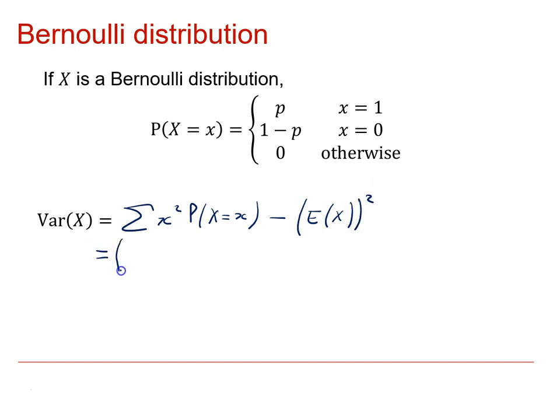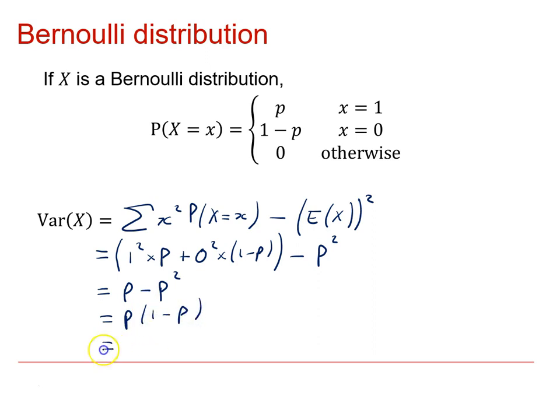So that first part is going to be 1 squared times p plus 0 squared times 1 minus p, minus, we already established that the expected value of x is p, so that will be minus p squared. So we're going to have 1 squared times p is p, 0 squared times anything is 0, so we're going to have p minus p squared, which is p times 1 minus p, which is pq.